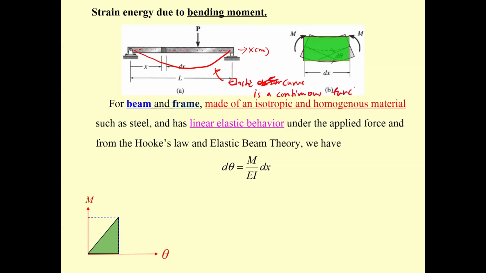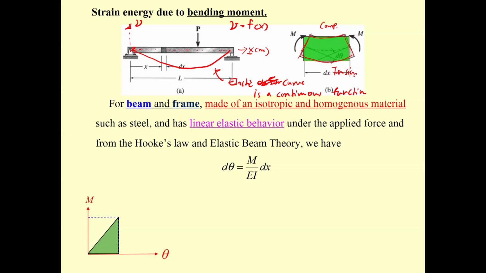You can write the equation representing the elastic curve. If this is v and this is x, v is a function of x. Different from the truss, where you can count member 1, member 2, member 3, member 4, the beam is continuous. And when you bend it, the beam is going to have this kind of deformation. The top is going to be in compression, the bottom is going to be in tension.